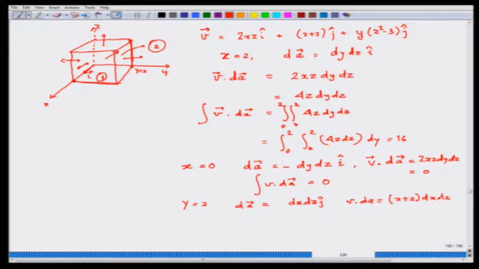If you integrate in the same way using double integrals, your answer is 12. This is nothing but the integral from 0 to 2, 0 to 2 of x plus 2 dx dz, and that is 12. You can go on doing it for all the other surfaces and then add up. If you want to check, the answer here is 20.